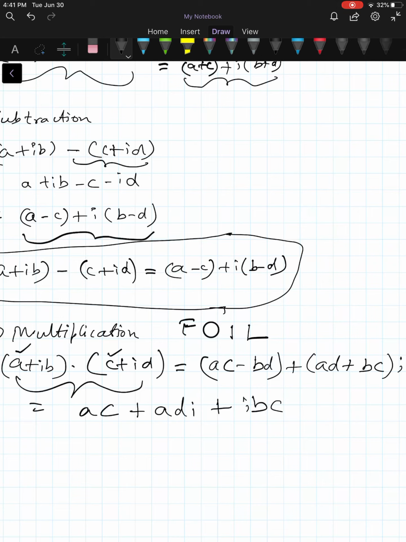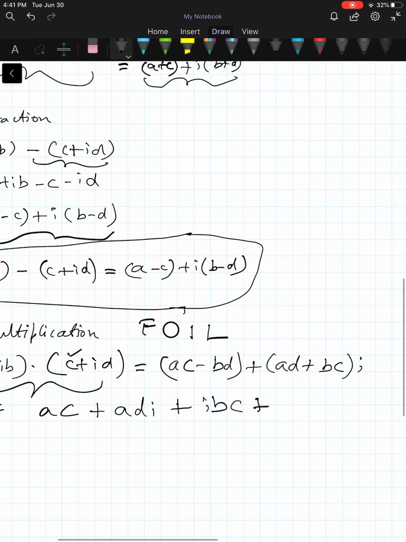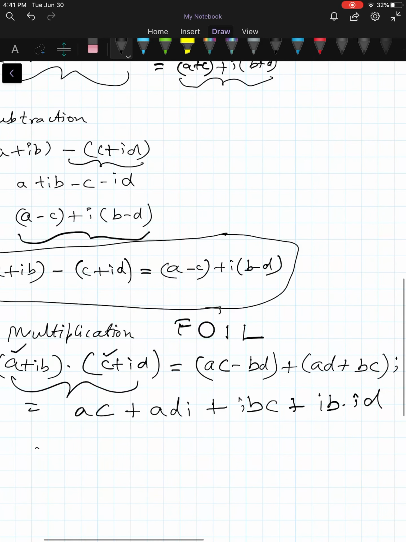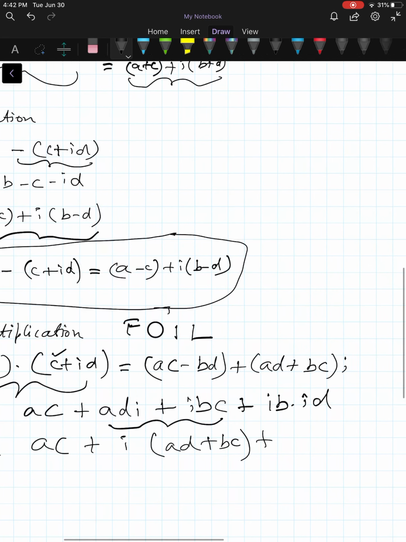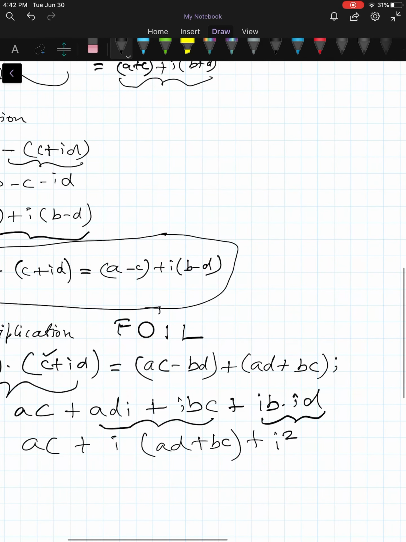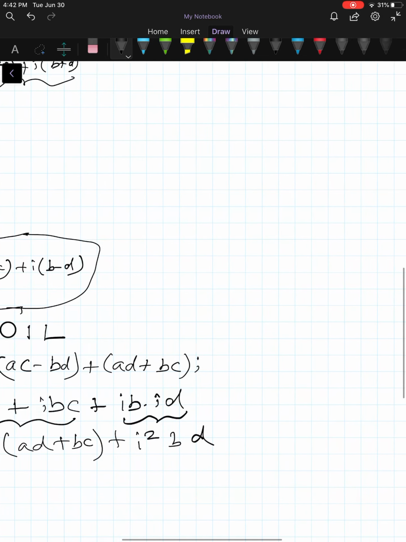And the last terms of each number are ib times id. So that is nothing but ac plus, since i is common in these two terms, I'll take i outside the brackets, we will be left with ad plus bc, plus this reduces to i square bd.